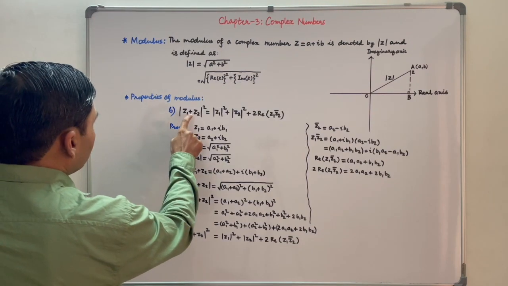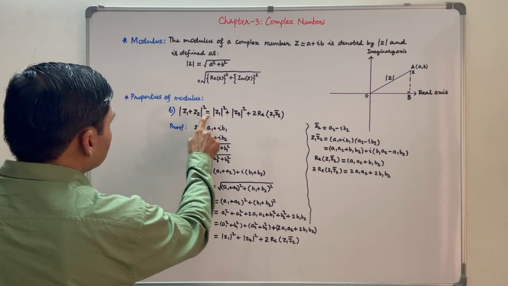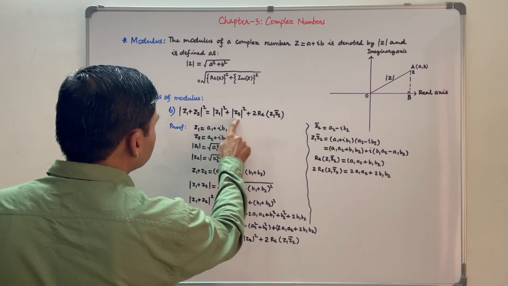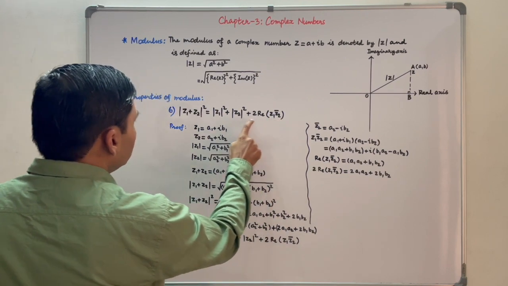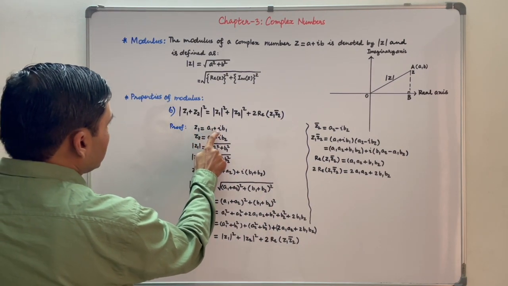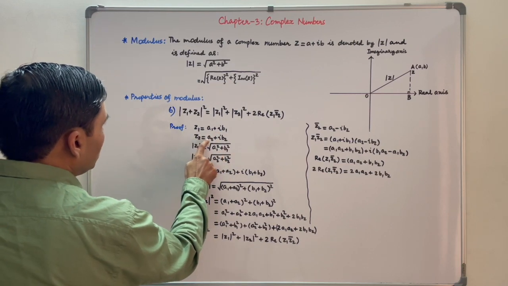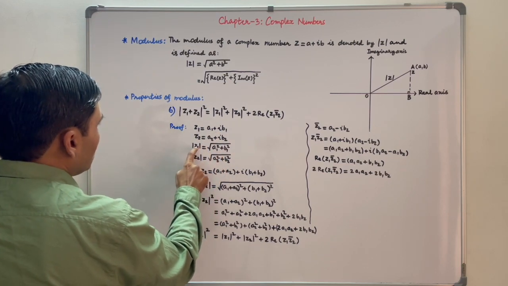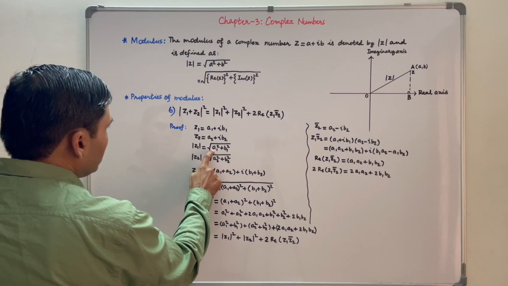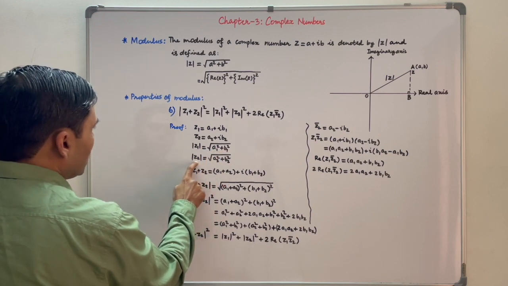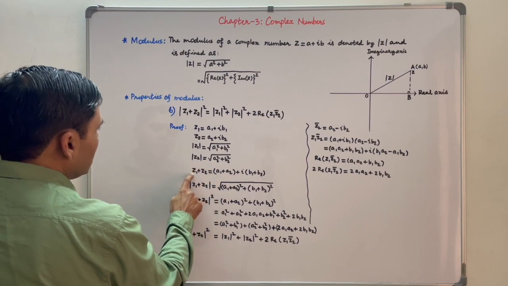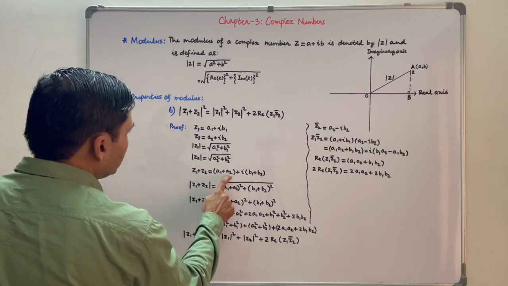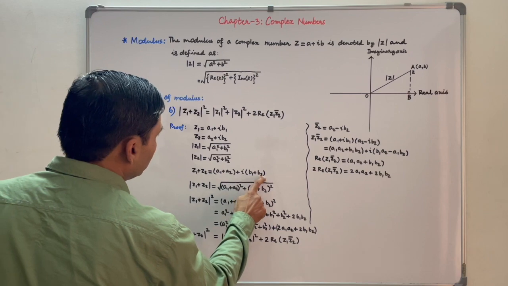Sixth property: |z1 + z2|² is equal to |z1|² + |z2|² + 2 times real part of z1 z2 bar. Suppose z1 is equal to a1 + ib1 and z2 is equal to a2 + ib2. So |z1| is equal to √(a1² + b1²) and |z2| is equal to √(a2² + b2²). z1 + z2 is equal to (a1 + a2) + i into (b1 + b2).